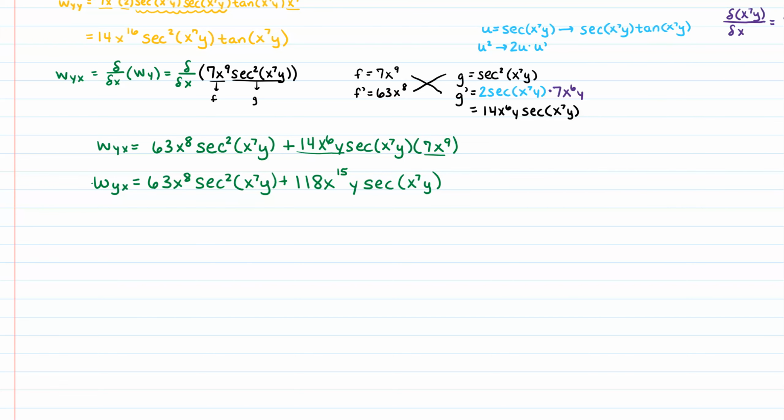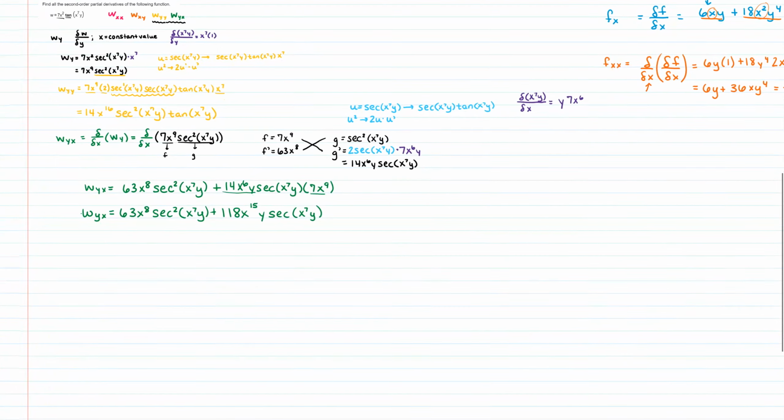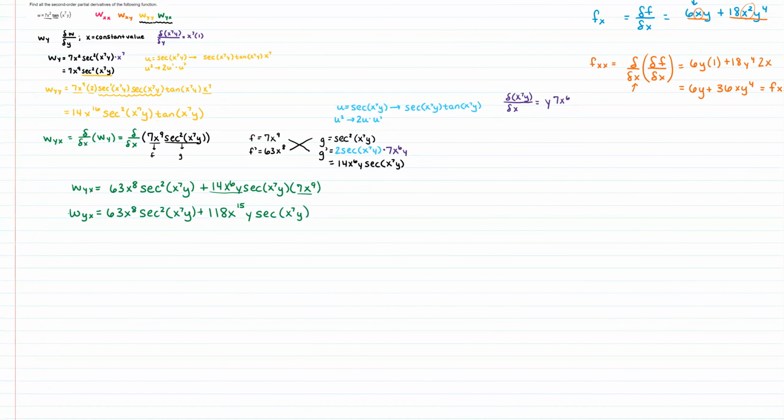Now I have to start back again all the way at the beginning with w to get my w sub xx and my w sub xy. So I'm going to rewrite the problem and then I'll zoom in. So I've got w equals 7x squared tangent of x^7y.